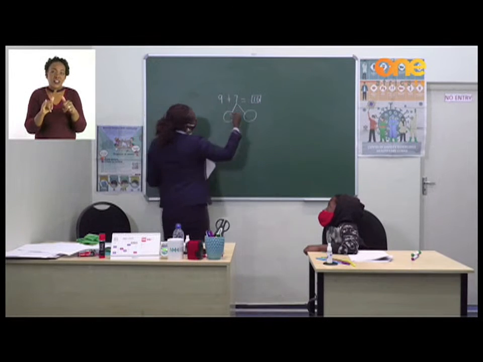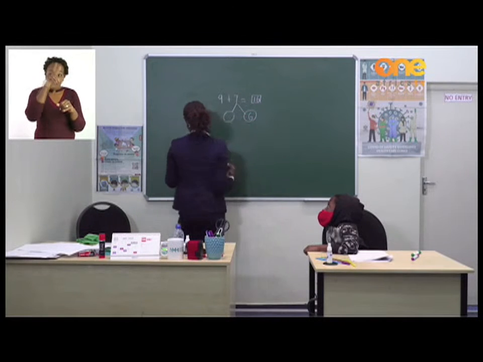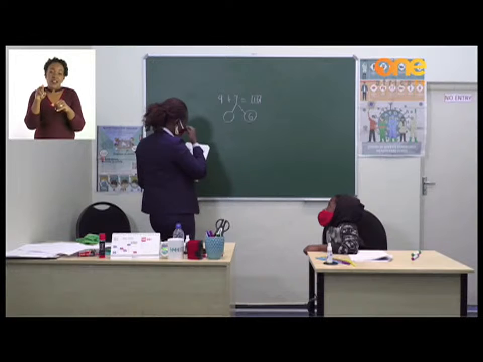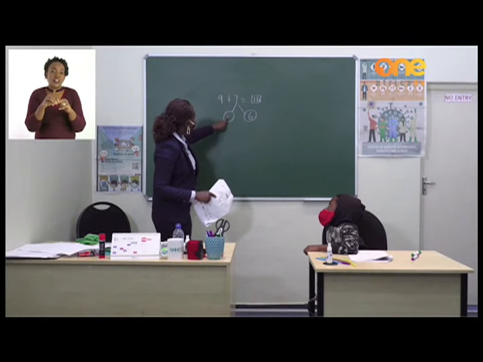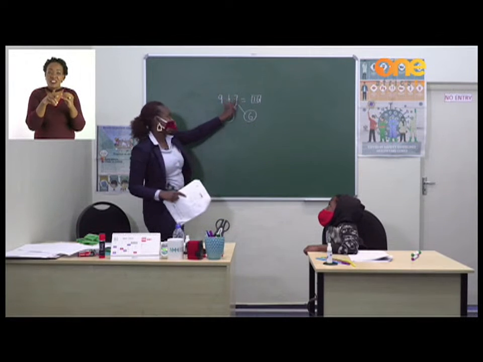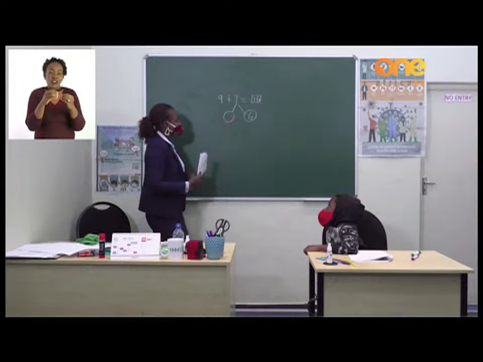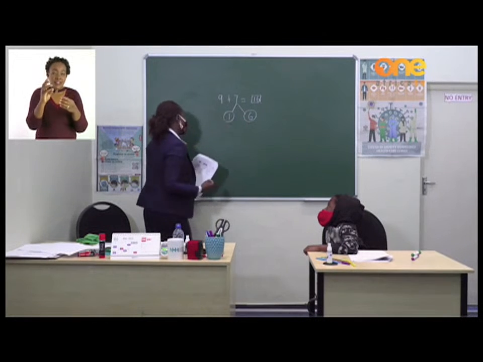Now, we'll take the 6 and put it here. Then, to get this number, we are going to subtract 7 minus 6. And we get 1.